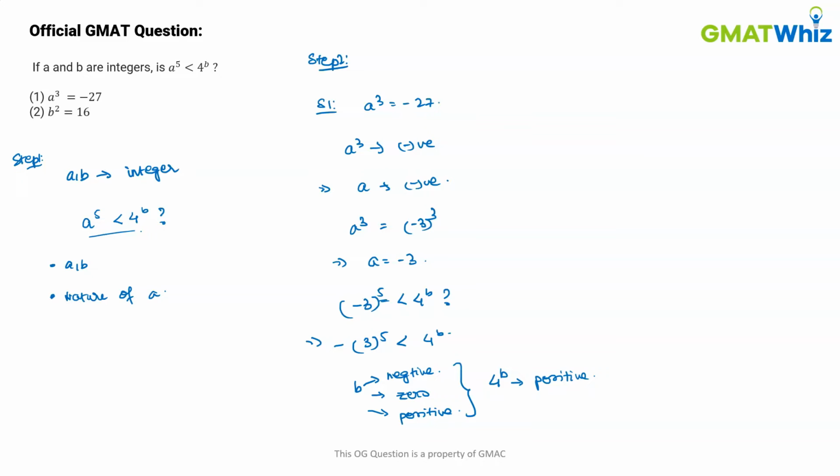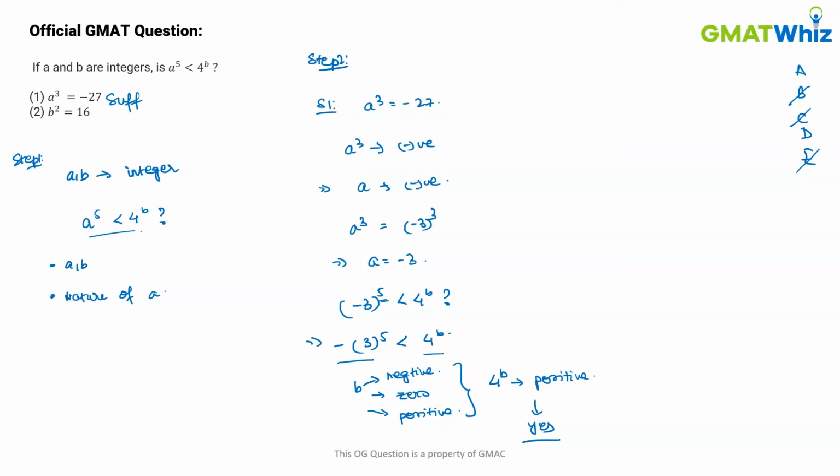Since the left hand side will always be negative and the right hand side will always be positive, I can sufficiently answer the question that a to the power 5 is less than 4 to the power b using statement 1. So with this I can answer the question with a definite yes. So statement 1 is sufficient, and out of the given options I can eliminate answer options B, C and E.